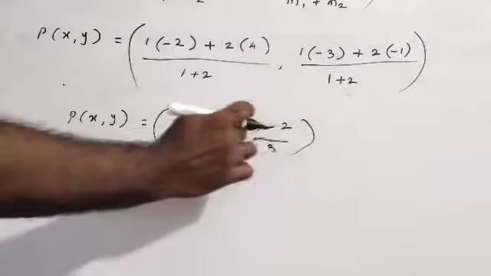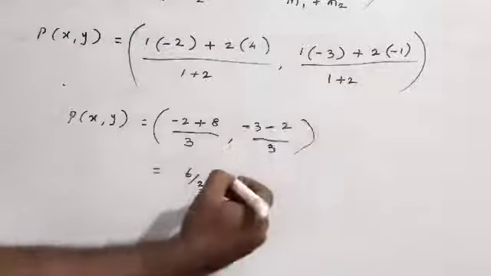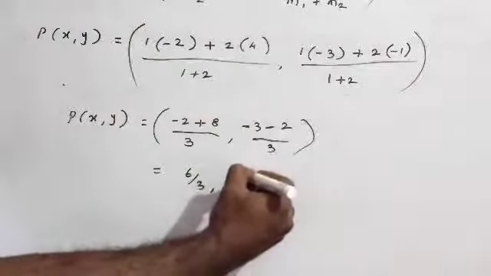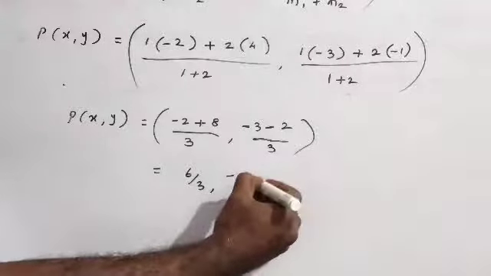Similar symbols, -3 plus -2, that is -5 by 3.